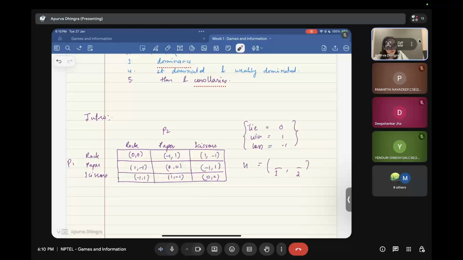Since someone won, someone has to lose. That's why the other player gets -1 as the utility. On the other hand, if player 2 played scissors, then he'd be the one to lose against rock and would get a -1 as utility, and the other one would get 1. So this very simple scenario captures some of the core ideas that you have already seen in the first week's lectures.